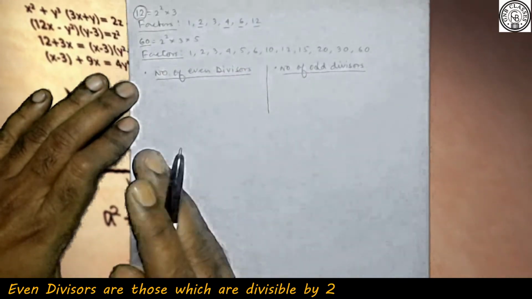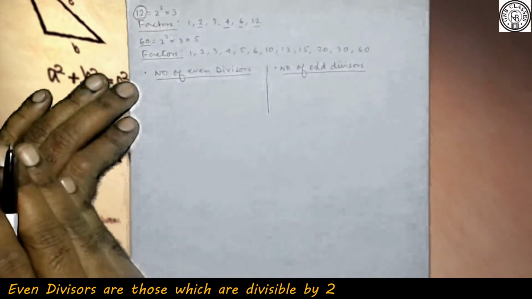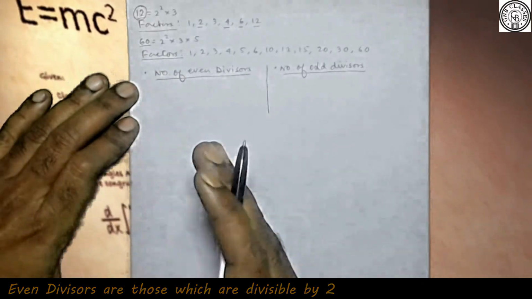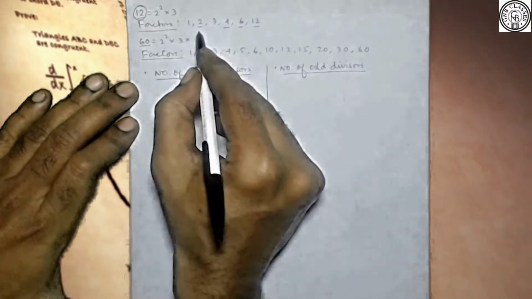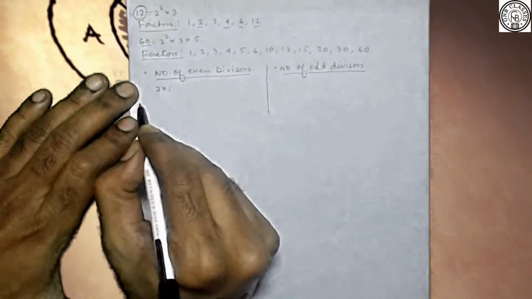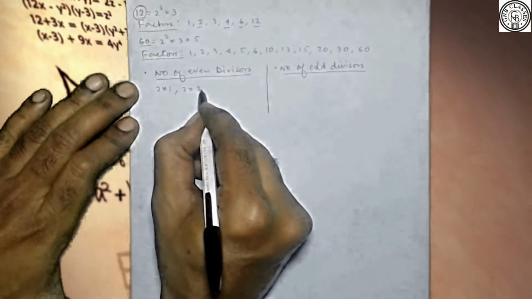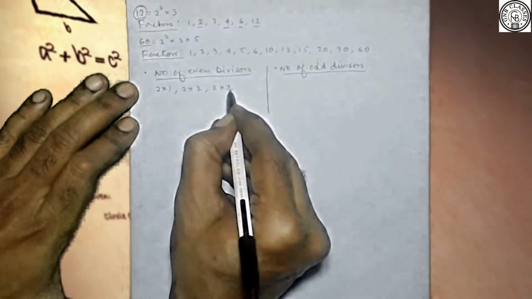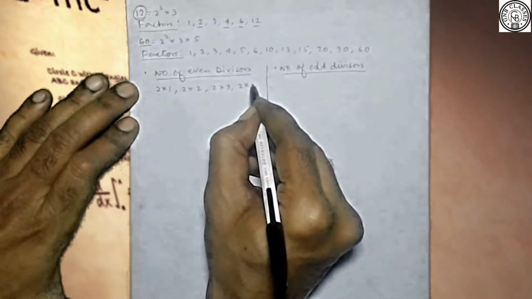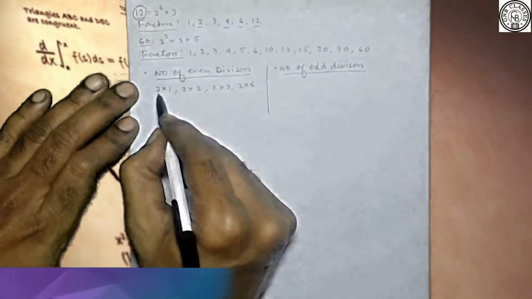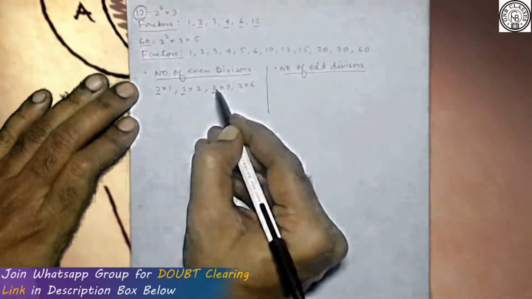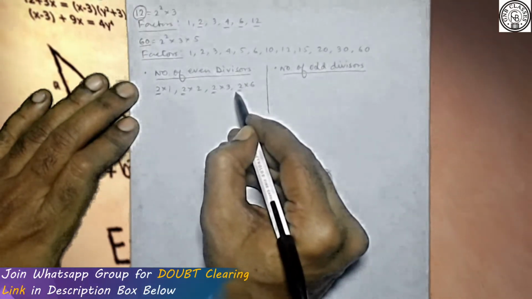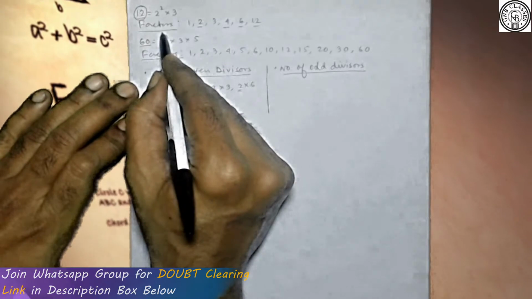It has to be with the other numbers or without the other numbers, but 2 has to be there. That is, 2 into 1 accepted, 2 into 2 accepted, 2 into 3 accepted, or 2 into 6 accepted. So every time we have 2 as one of the factors of that divisor.